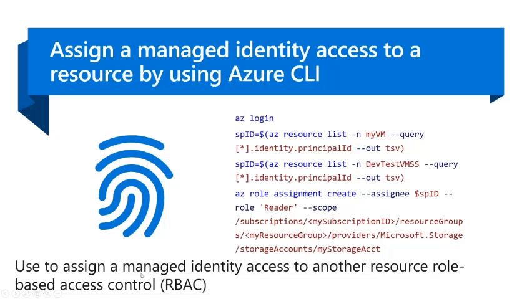So what we do, we log into Azure, then we run a resource list with my VM query and we query the identity principal ID, with this name dev test VMSS.